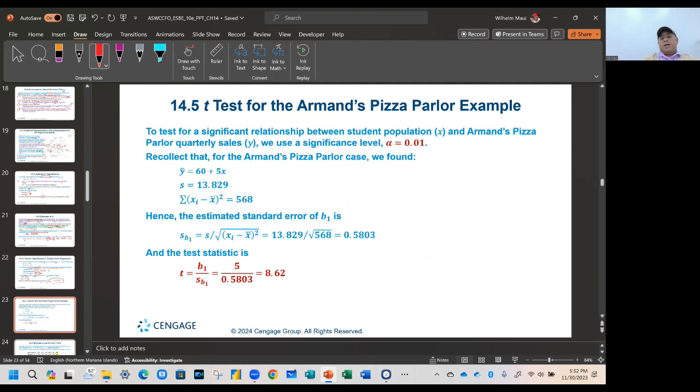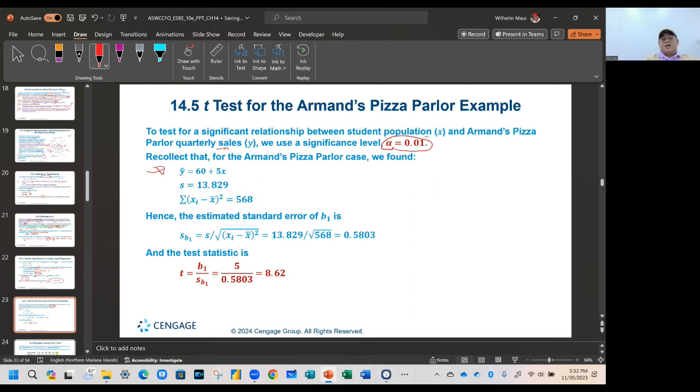So for the t-test for the significance of the relationship between the student population and the sales, we use alpha at 0.01. Recollect that in the Armand's Pizza Parlor case, we found this estimated equation: the estimated value of y is equal to 60, which is your intercept, plus 5x.